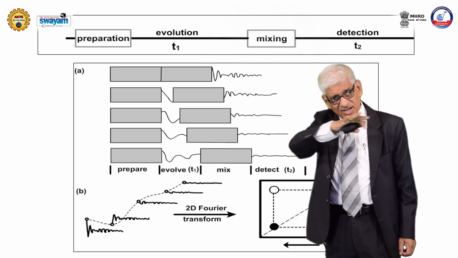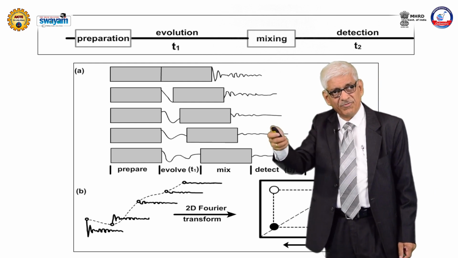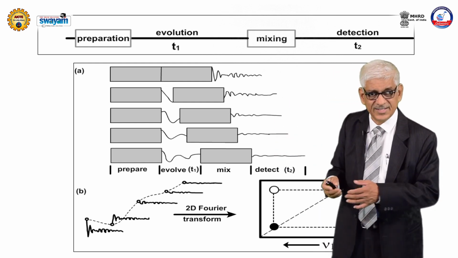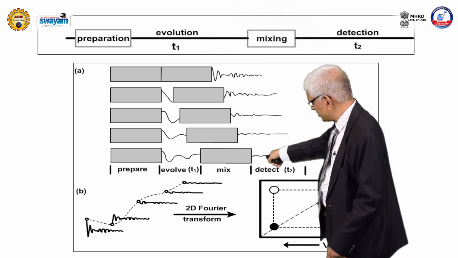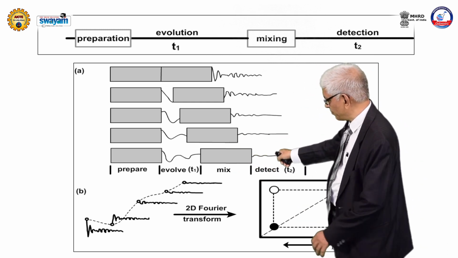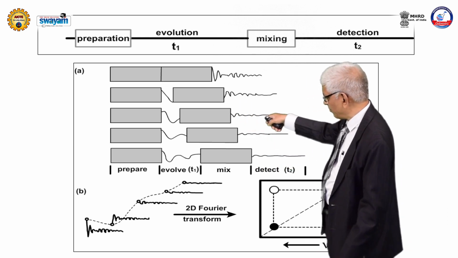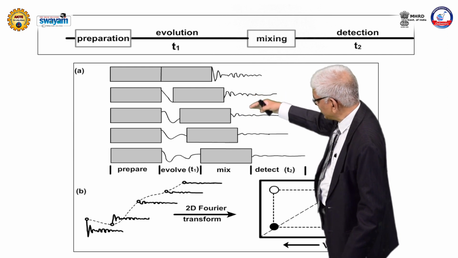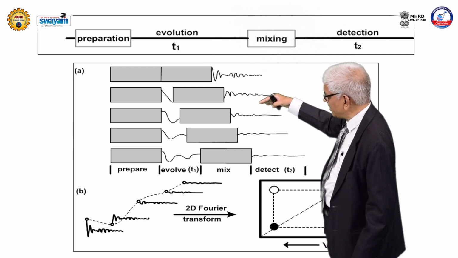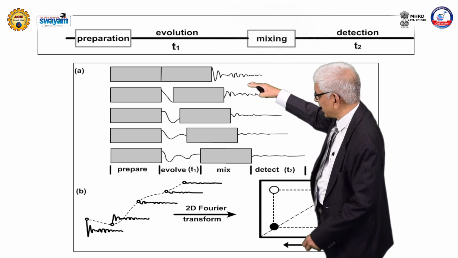So there are several experiments done and you collect an FID for each one of those, and that is indicated at the bottom here. You can see various FIDs: one FID corresponding to t1 equal to 0, then another for a different value of t1, and the third one for a systematically incremented t1 value. The increment is kept the same every time.